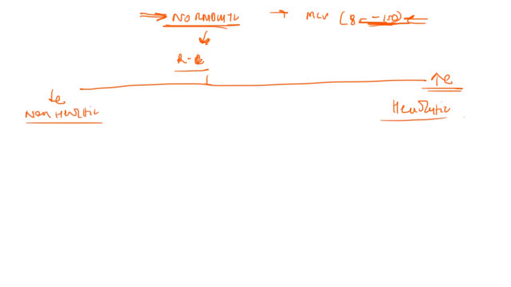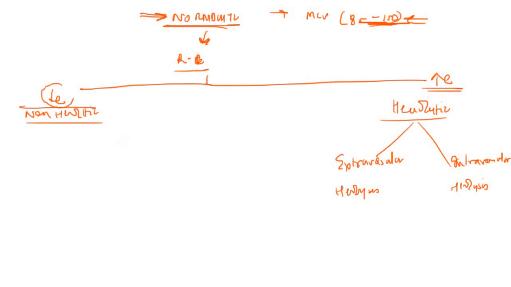Now, hemolytic anemias can be of two types: either extravascular hemolysis or intravascular hemolysis. What is extravascular hemolysis and what is intravascular hemolysis? I will be coming to it. Non-hemolytic anemias are just where there is a decreased reticulocyte count.